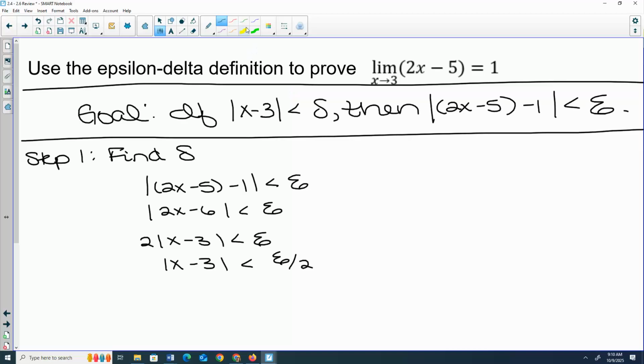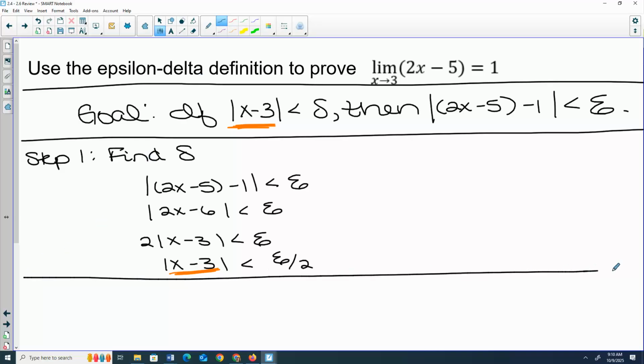That's what we needed because these match. I have the absolute value of x minus 3 in both places. So the second step is the proof. You have to first tell me what epsilon is, or sorry, what delta is. So you're going to say delta is epsilon over 2.